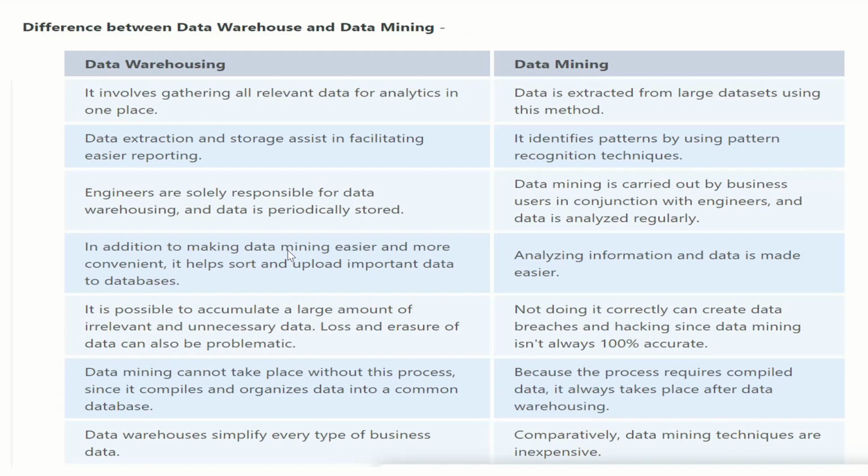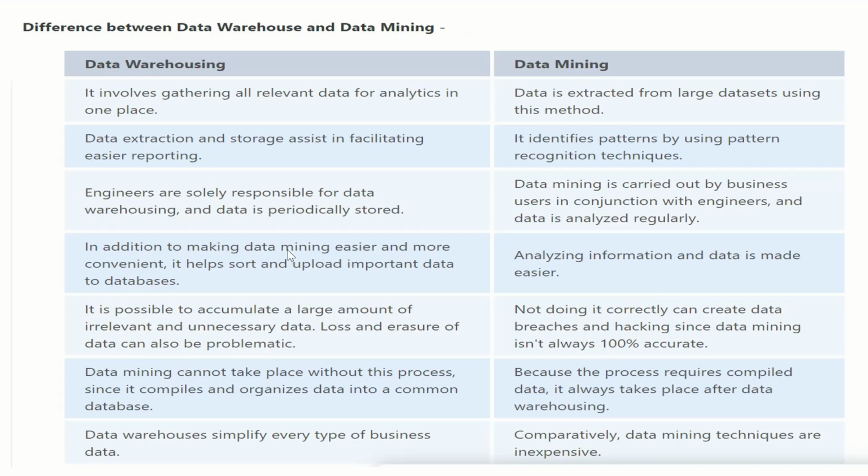The sixth point in data warehousing is that data mining cannot take place without this process, since it compiles and organizes the data into a common database. The sixth point in data mining is that the process requires compiled data and always takes place after data warehousing. The seventh point in data warehousing is that data warehouses simplify every type of business data.